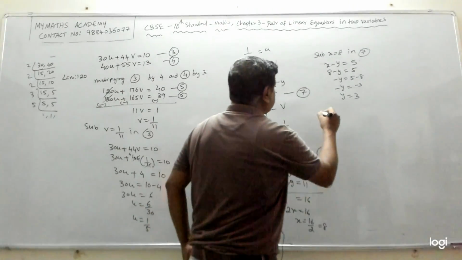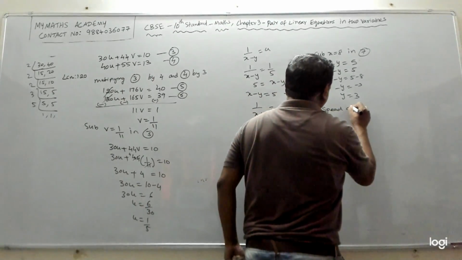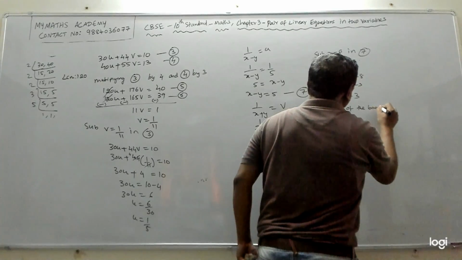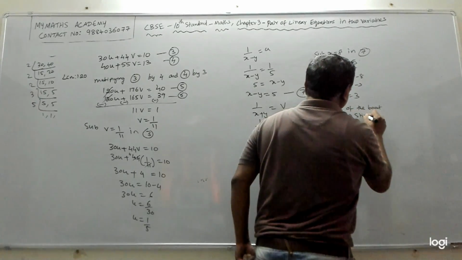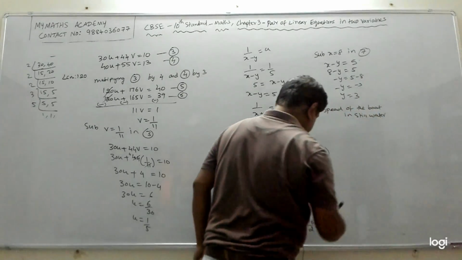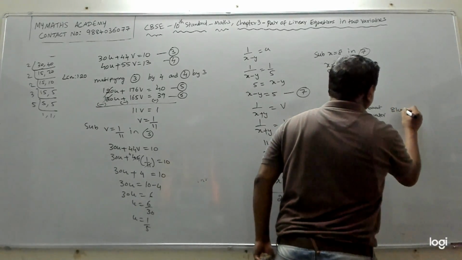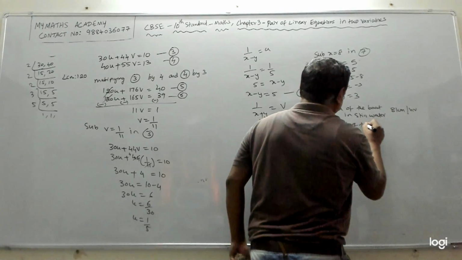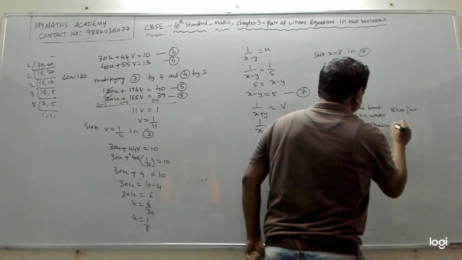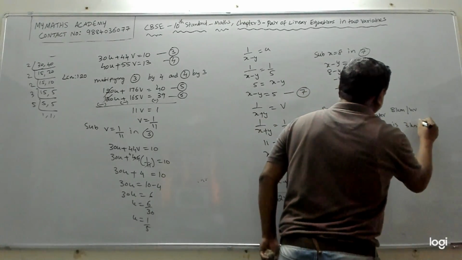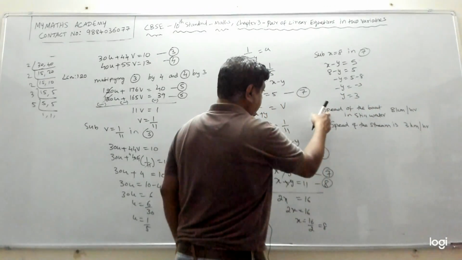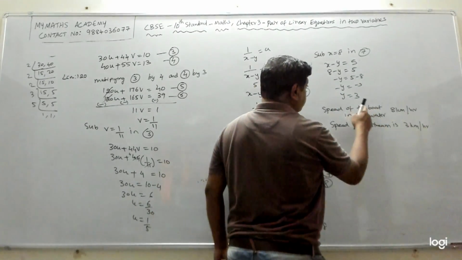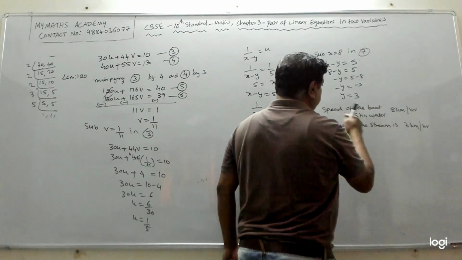So speed of the boat in still water is 8 km per hour, and speed of the stream is 3 km per hour, because we assumed x is 8, and the speed of the stream we assumed as y is 3. So this is the final answer.